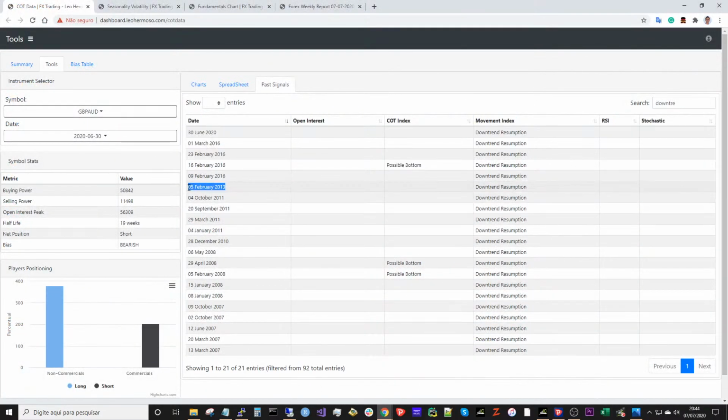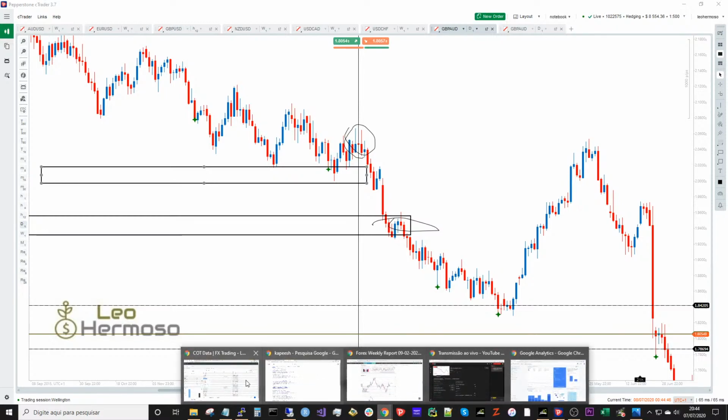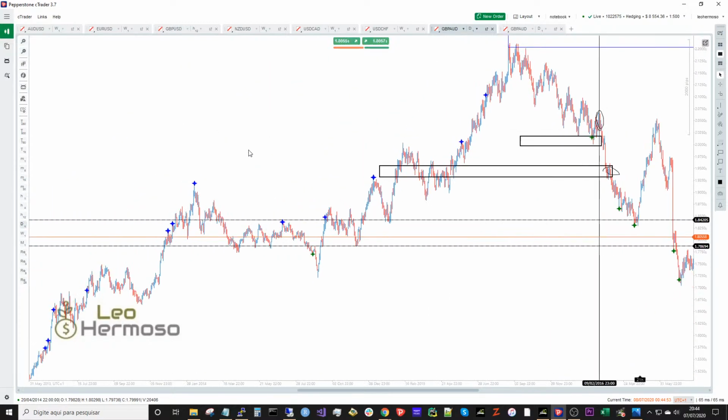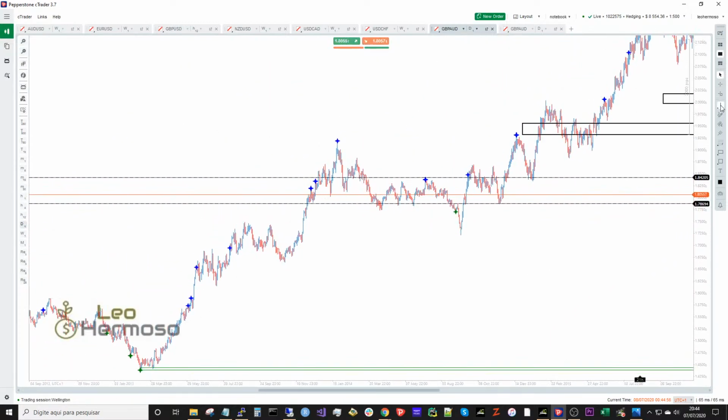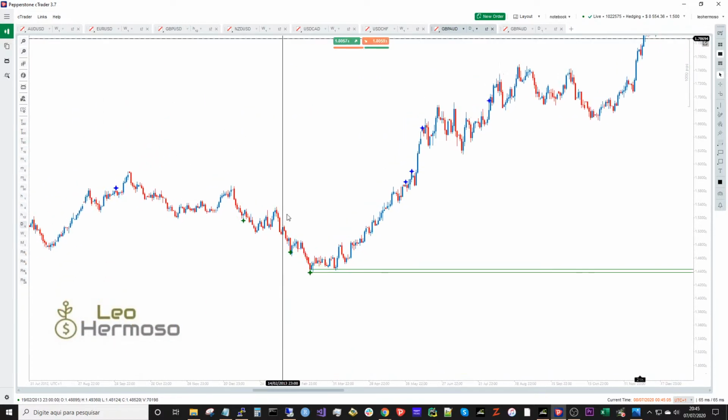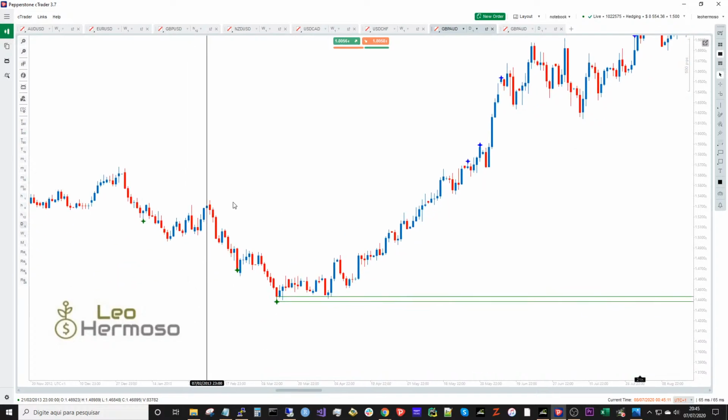And if we take a look at the previous signal on February 5, 2013, right here, what we saw first was almost 100 pips to the upside, and then 800, 900 pips to the downside.